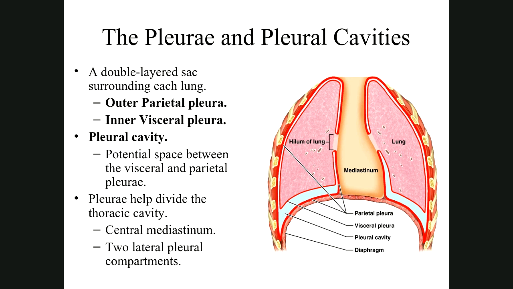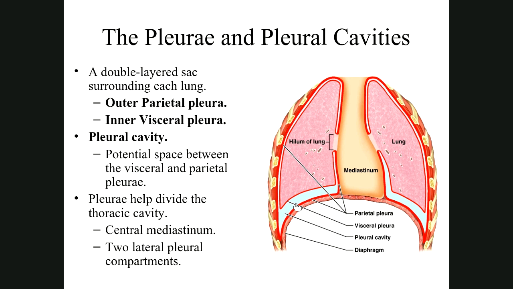So here there are also two layers. The outer layer is the parietal pleura, and the inner one is the visceral pleura, which is attached to the lung. And the space between these two layers is called the pleural cavity.